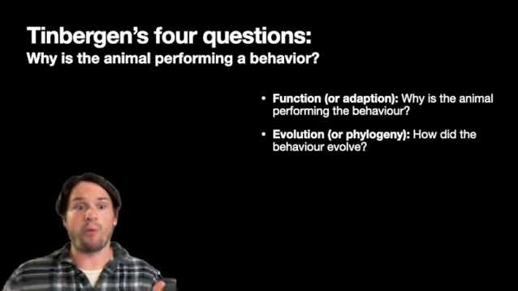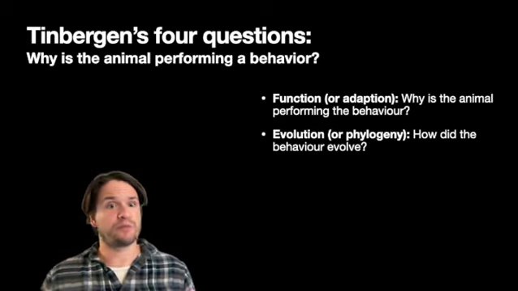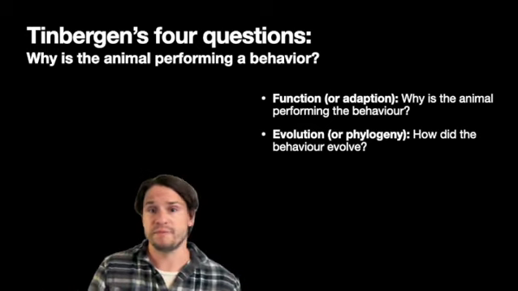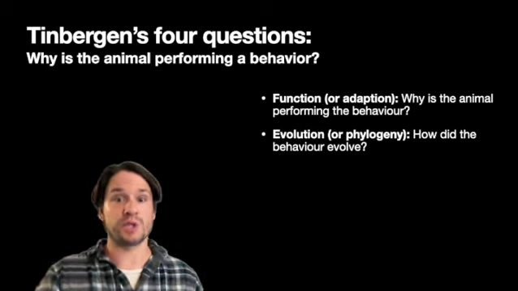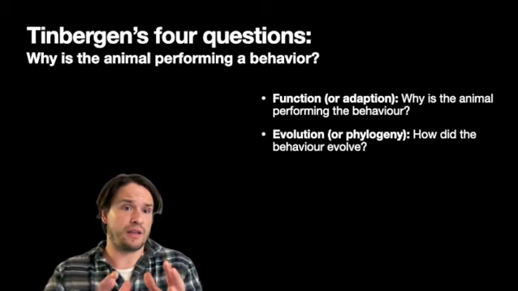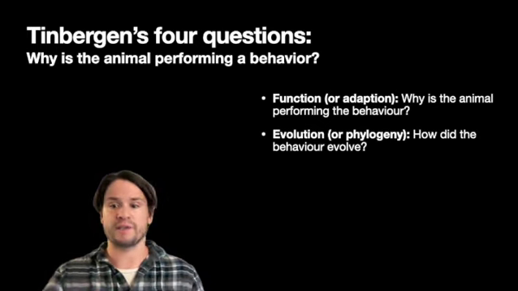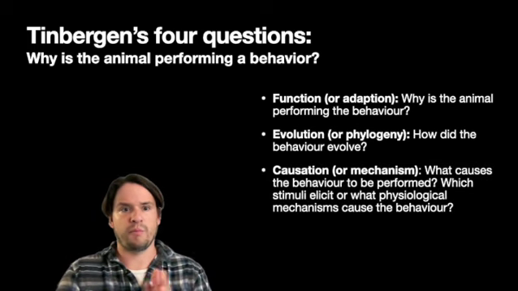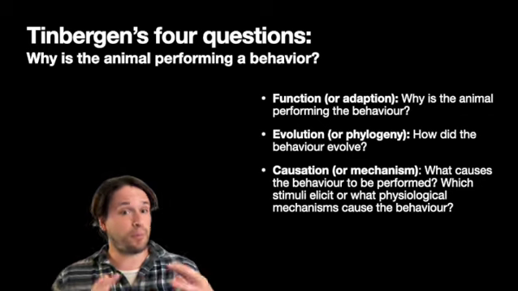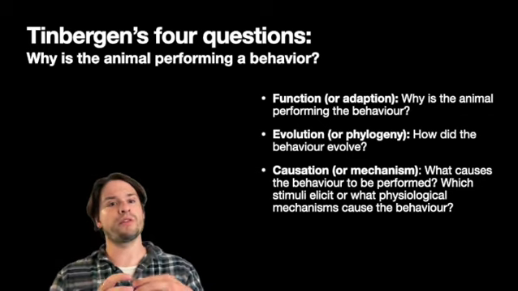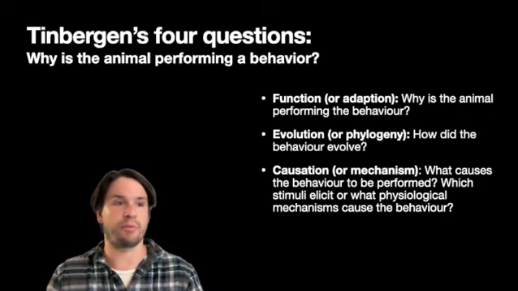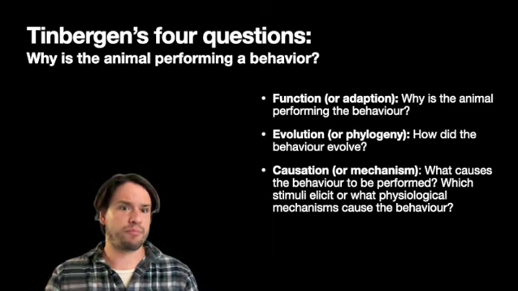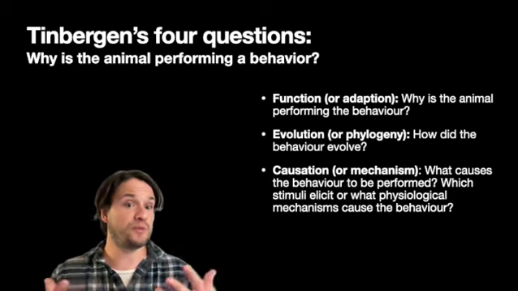You can also think about why in a broader evolutionary sense. For example, how did this behavior evolve from other species or across the evolutionary tree? So not just within a single species or lifetime, but across species, why is that behavior evolving and sticking around? On a more proximate scale, you can think about what the direct causes of that behavior are. For example, you see a dragonfly jumping up to capture prey and move as fast as possible.